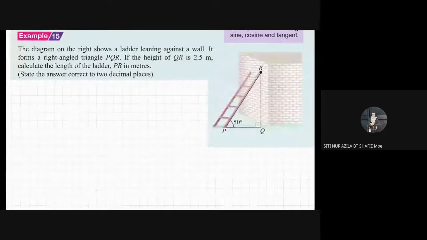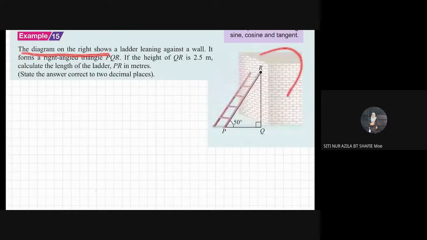I'm going to read the question first. We have the diagram on the right shows a ladder leaning against a wall. It forms a right angle triangle PQR.